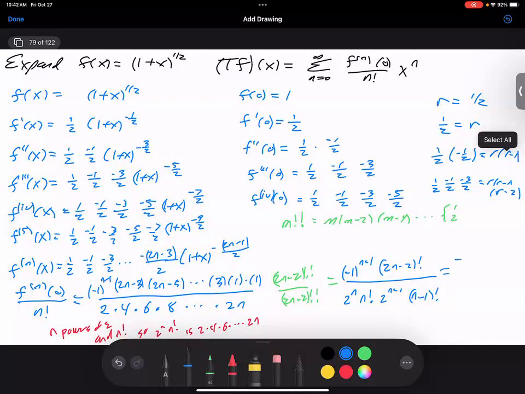So this will be negative 1 to the n. I'm going to have a 2 to the 2n minus 1. I'll have an n. And I'll have 2n minus 2, choose n minus 1.